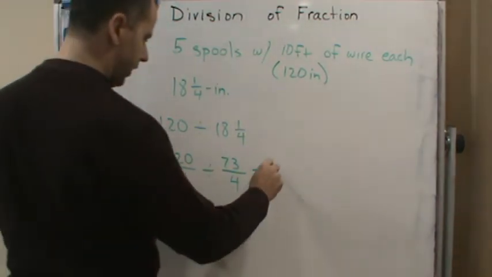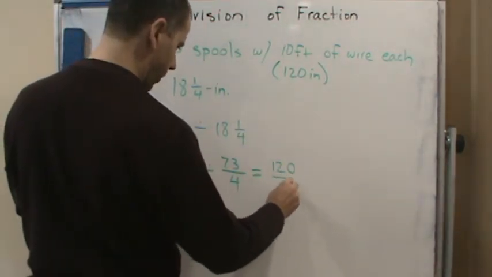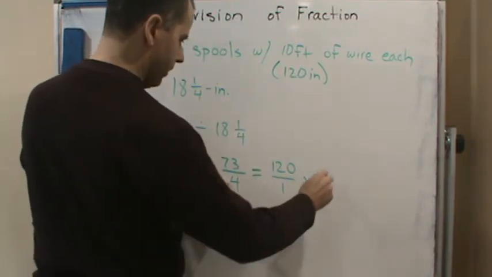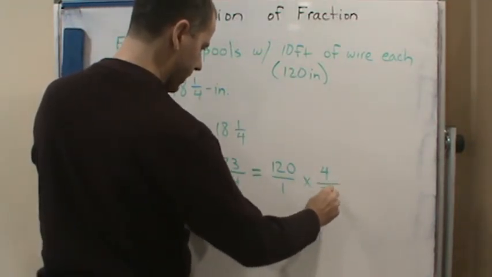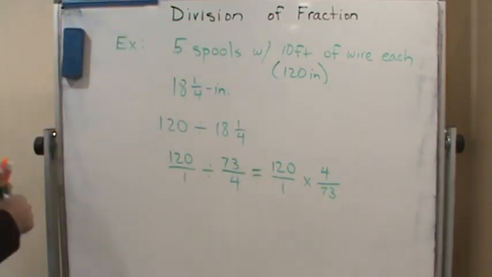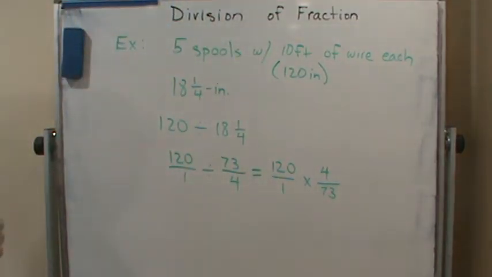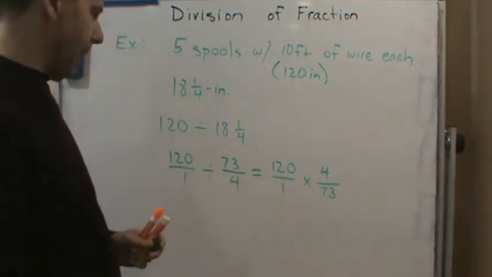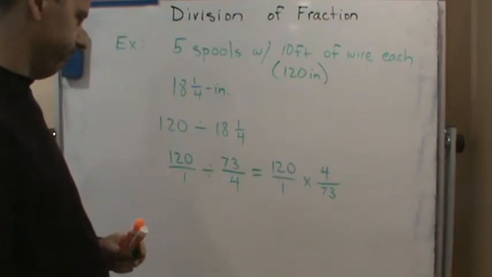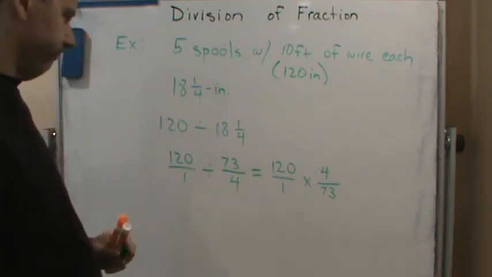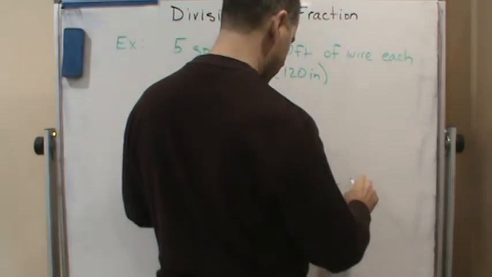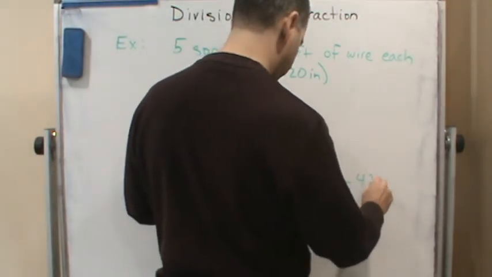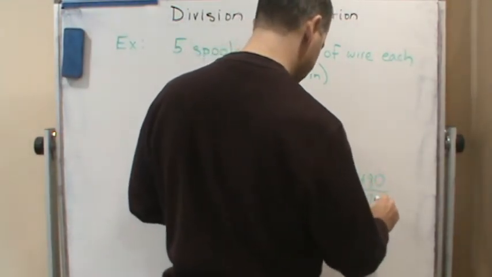So this is going to be 120 over 1 times 4 over 73. Is there anything that I can cancel? I don't see anything. So I'm going to multiply across the top and the bottom. So I'm going to get 480 over 73.